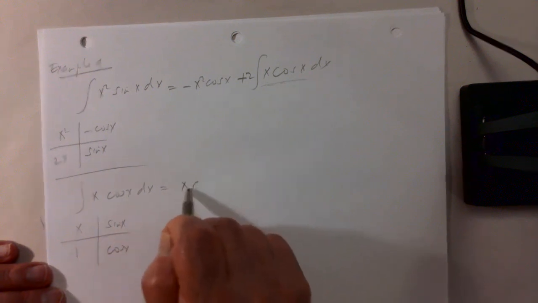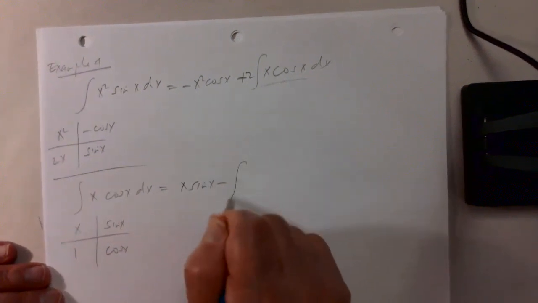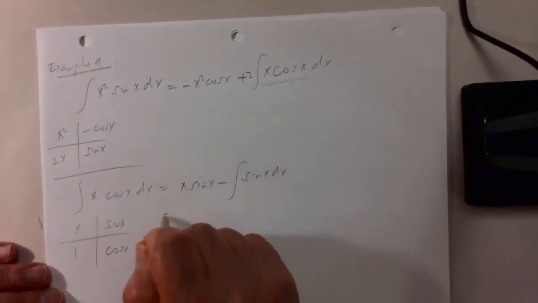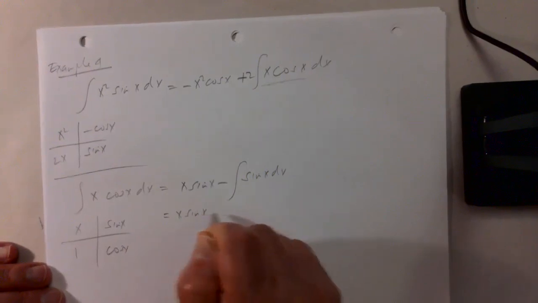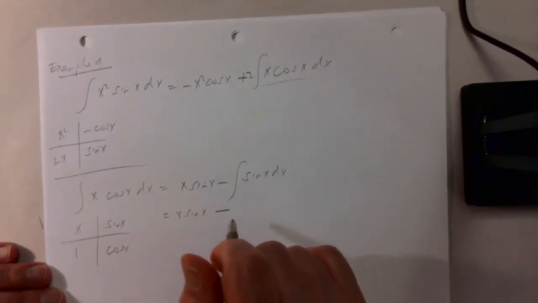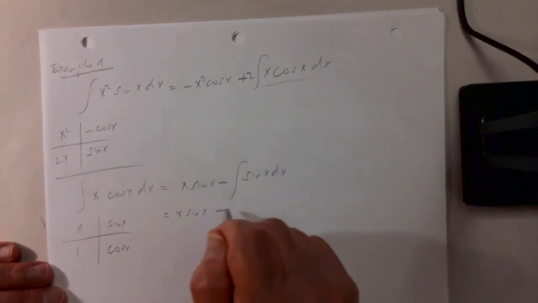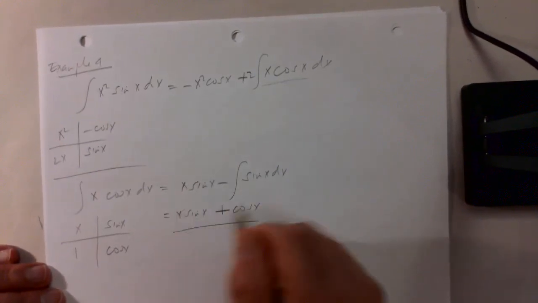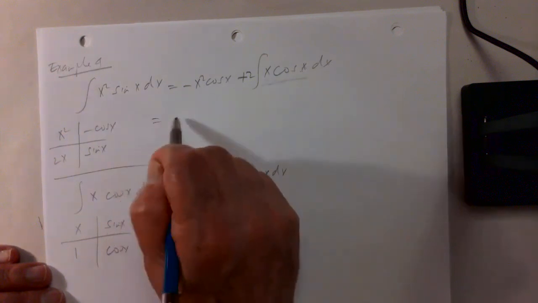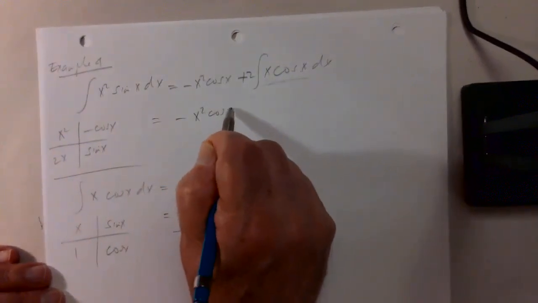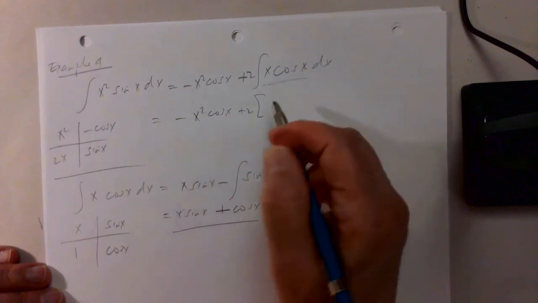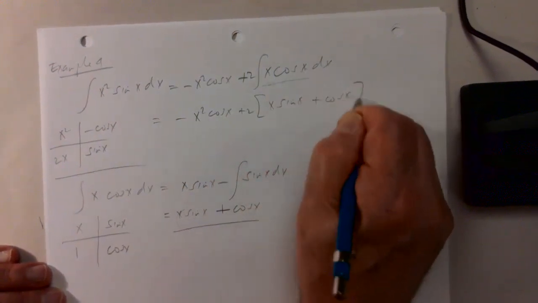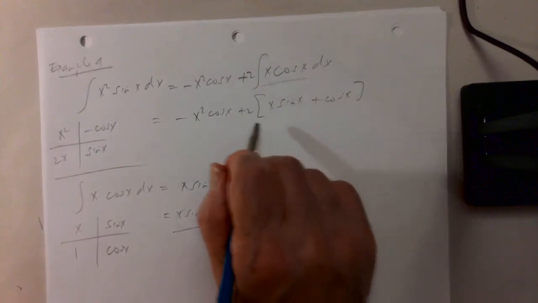So this is simply x sine x minus the integral of the sine of x, and the antiderivative of the sine is minus the cosine, which makes this a plus. So we take this and plug it into here. We get minus x squared cosine x plus 2 times x sine x plus cosine x.